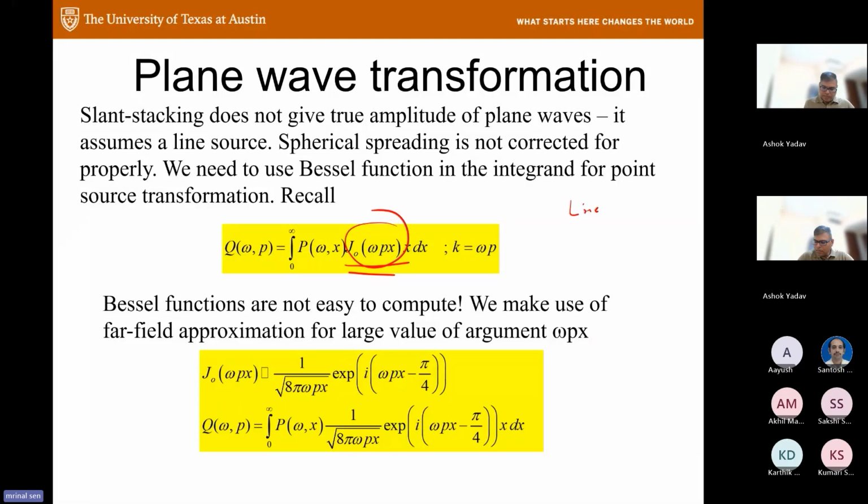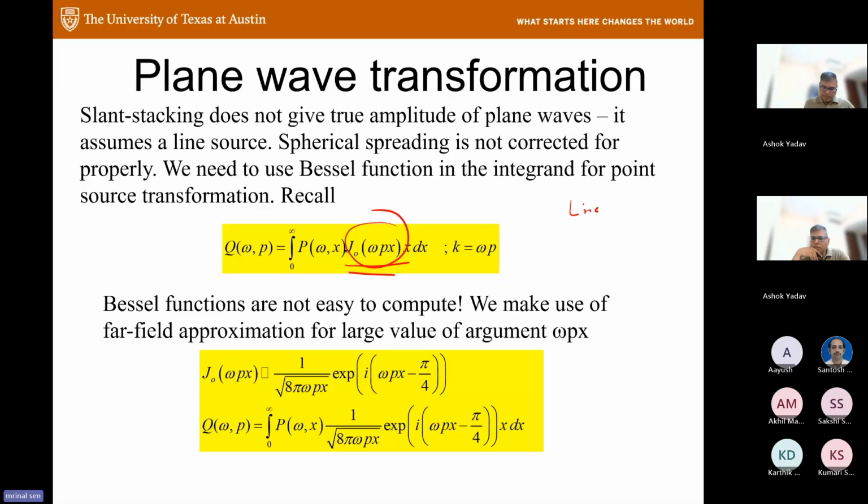So the question is, why is the tau-p transform important? It takes your data from point source to plane waves. Plane waves do not spread, right? With plane wave transformation, you can actually get spherical spreading already corrected for without having to know the velocity.